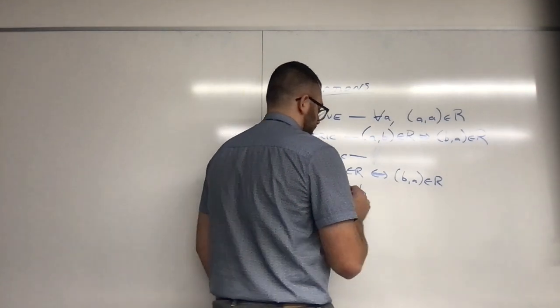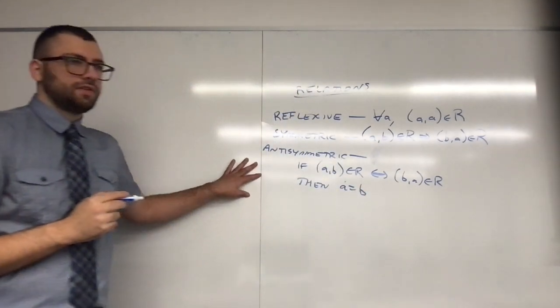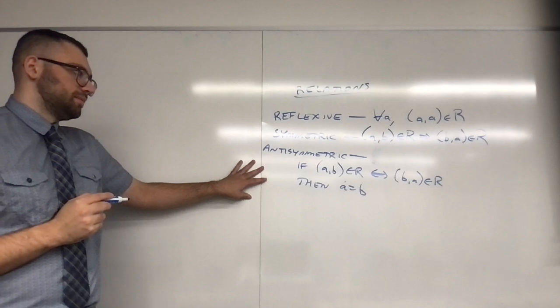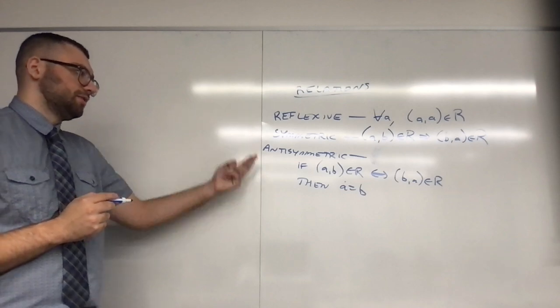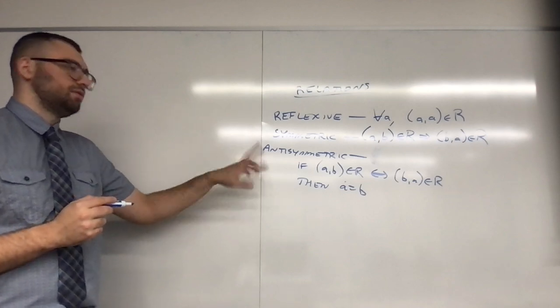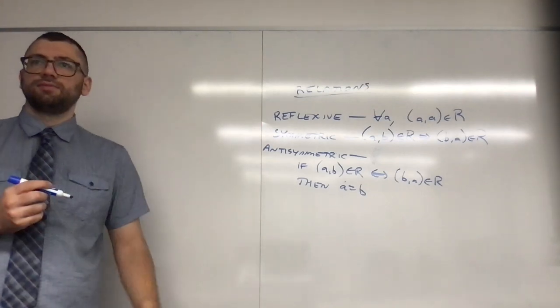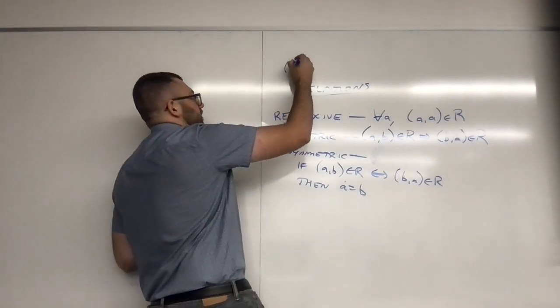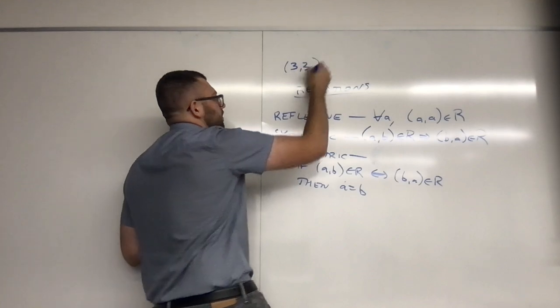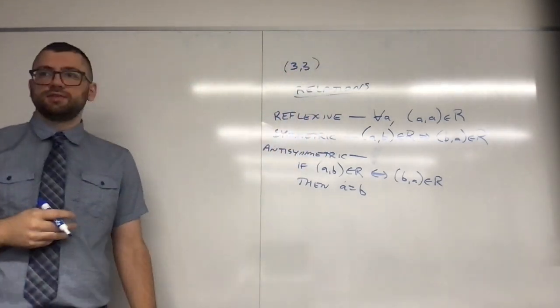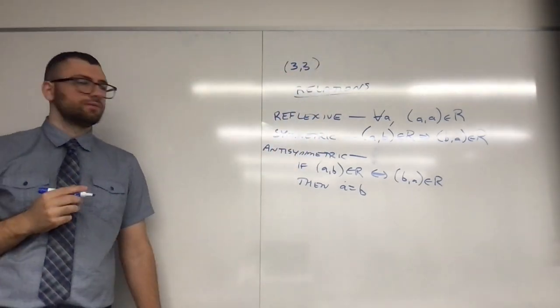then A equals B. So the idea with antisymmetric is that if you have two things and you're able to swap them, the only case you could do that is if they're actually the same thing, right? Which obviously you can swap. If it's like (3, 3), you can obviously swap those because 3 is just equal to 3, right?